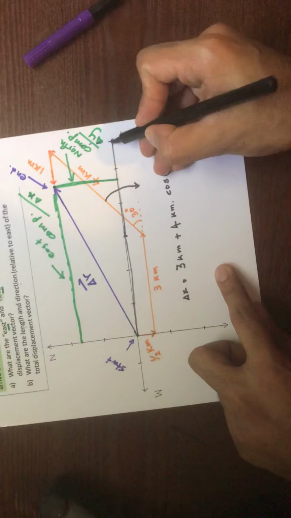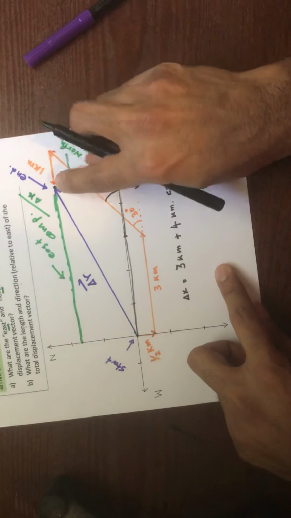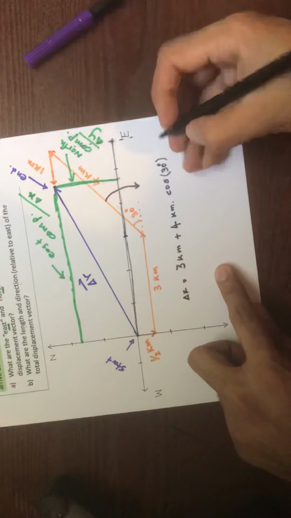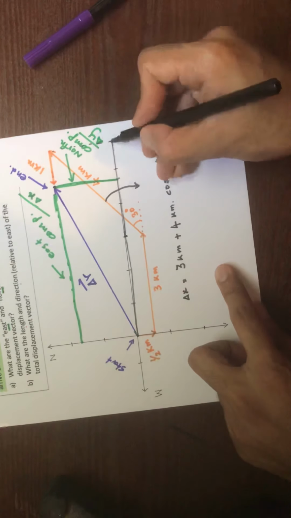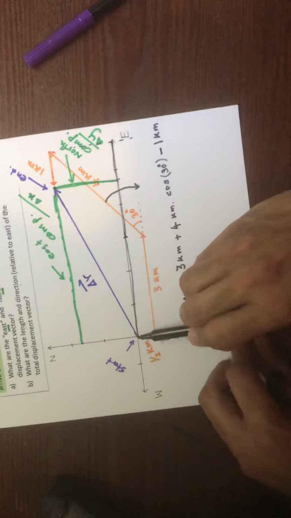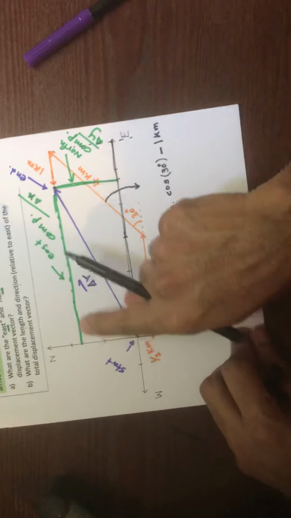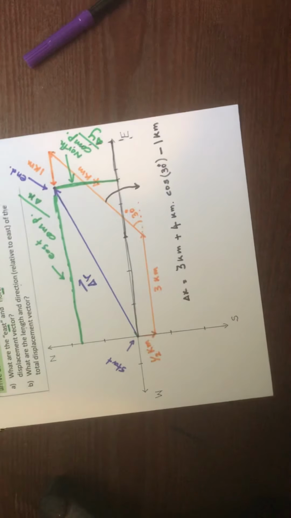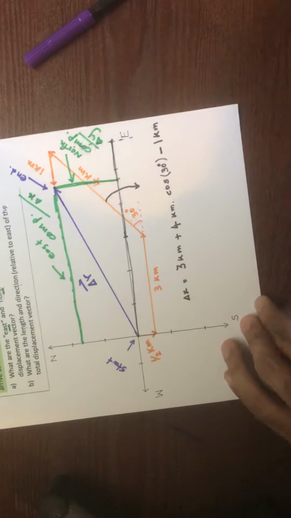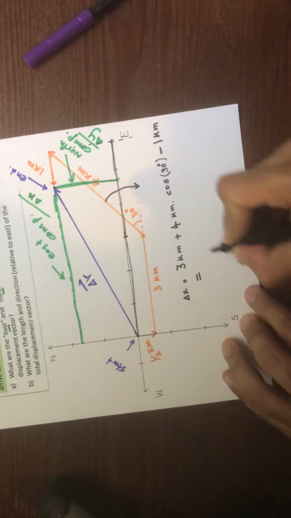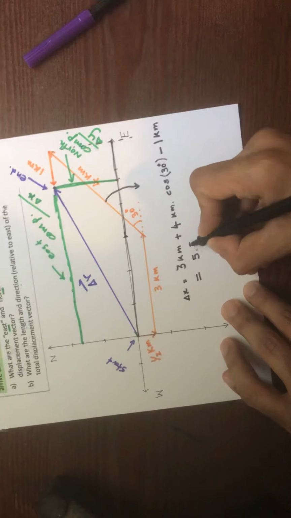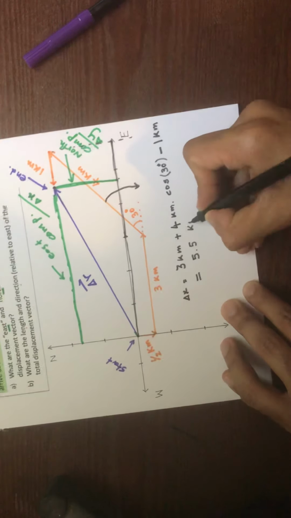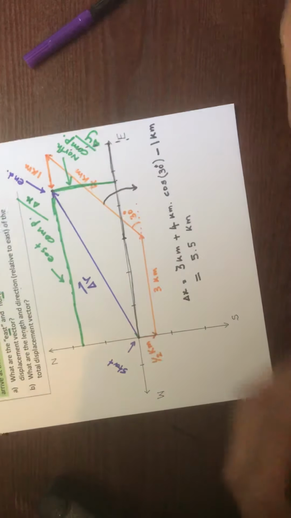From here to here, he is moving in the negative direction, so negative 1 kilometer will do it. When I do the math, I get delta x equal to 5.5 kilometers. This is because I did this math earlier.